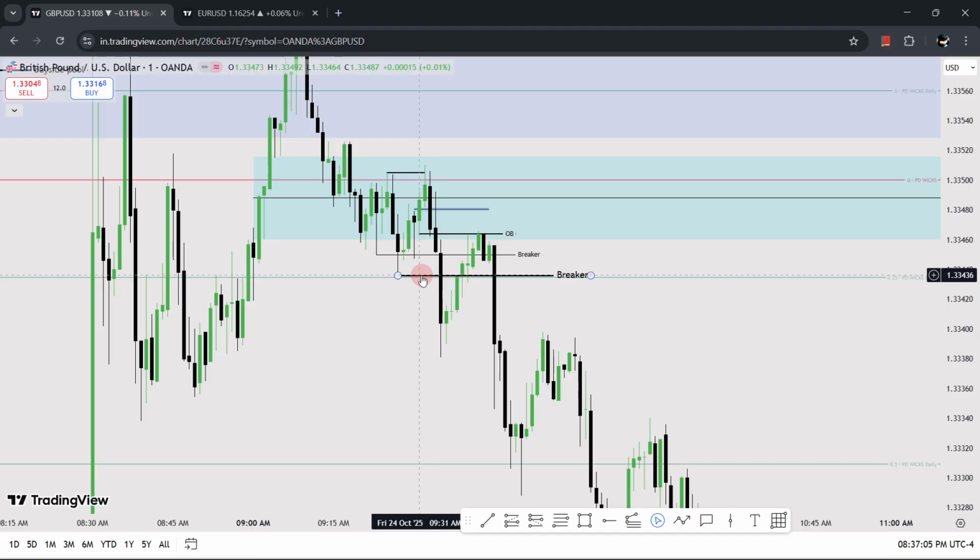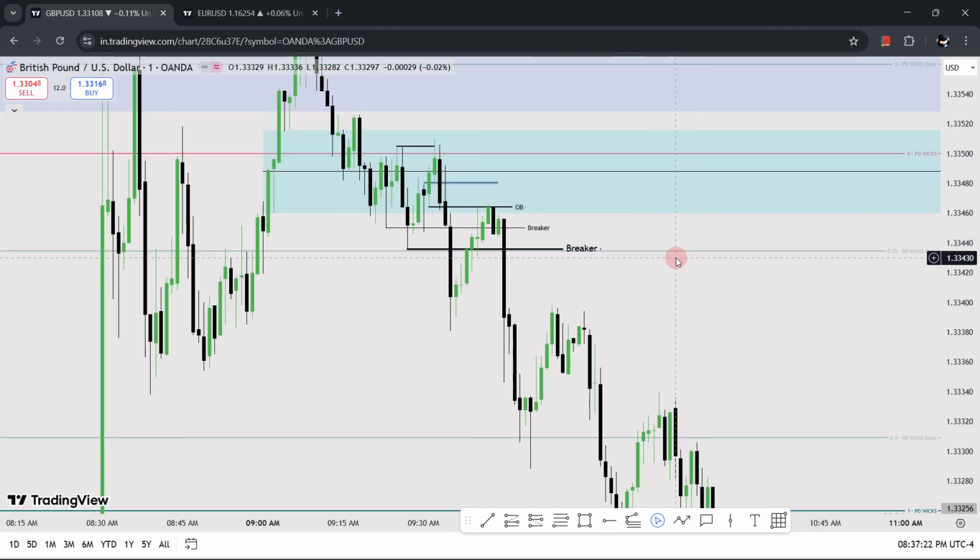Breakdown lower, creating a structure shift to the downside with an impulse down. Went back to that order block and small fair value gap up there. You have that breaker there, a breaker entry. You have taken from the order block, but I would have taken from here.